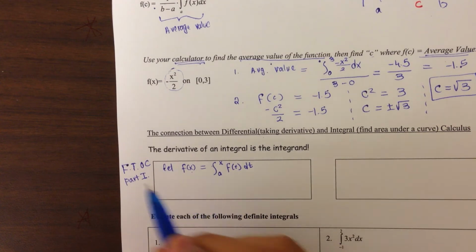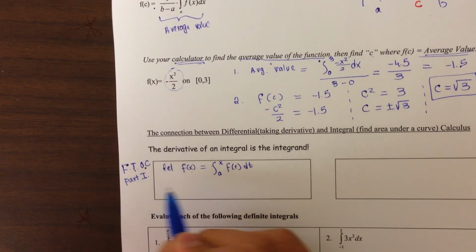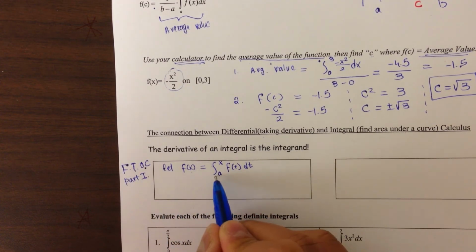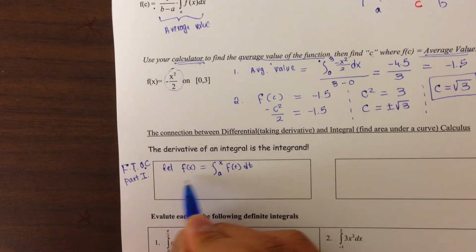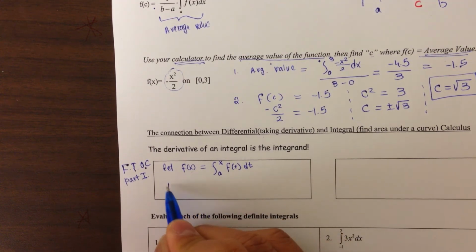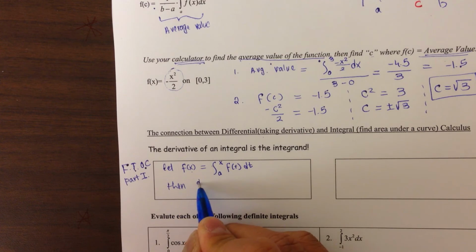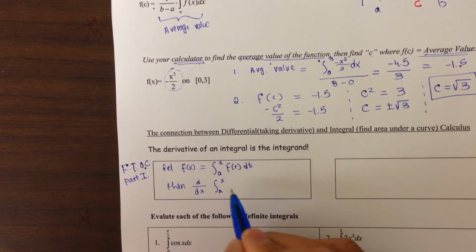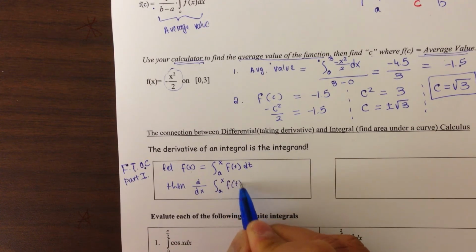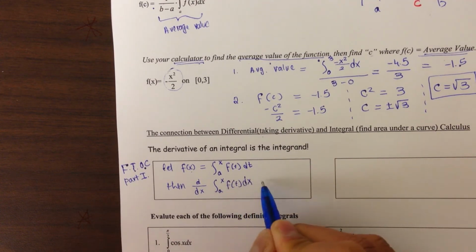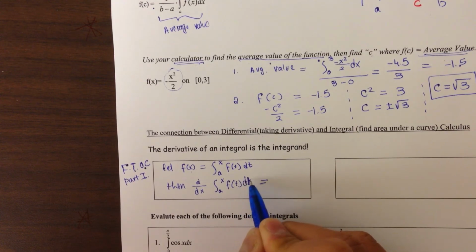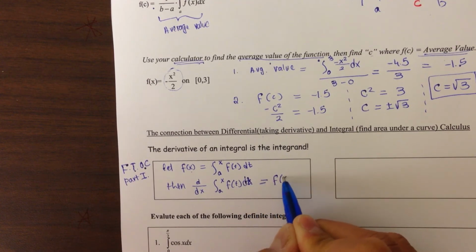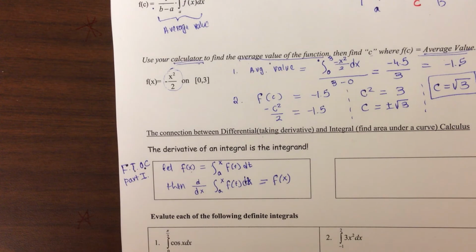But here's what the fundamental theorem of calculus part 1 says: if you take the derivative of this, let f go to that, then the derivative of that is just going to equal f of x, whatever that is. Okay, f of x.